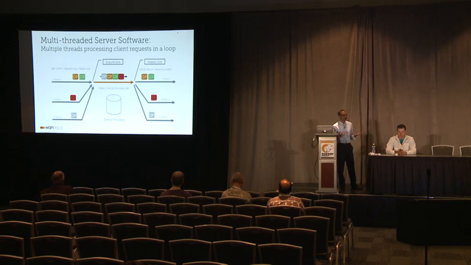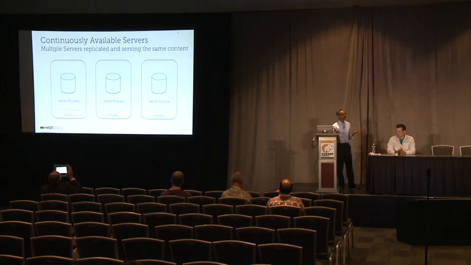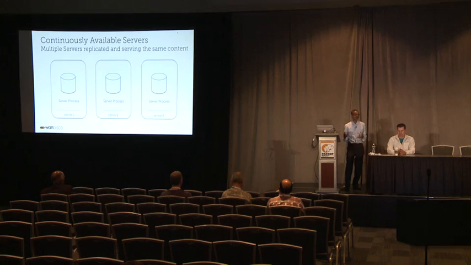How can we improve on this? We're talking about having multiple replicated servers that have exactly the same data and are able to provide both read and write, read or modify operations to that particular state machine at any given time. This is strong consistency replication. There's no eventual consistency model here.